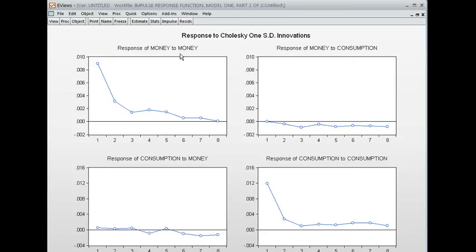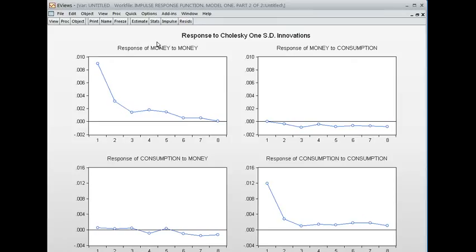That means what is the reaction of money to money? It means that if I give a positive shock of 1 standard deviation to money supply, how the money supply will be reacting.